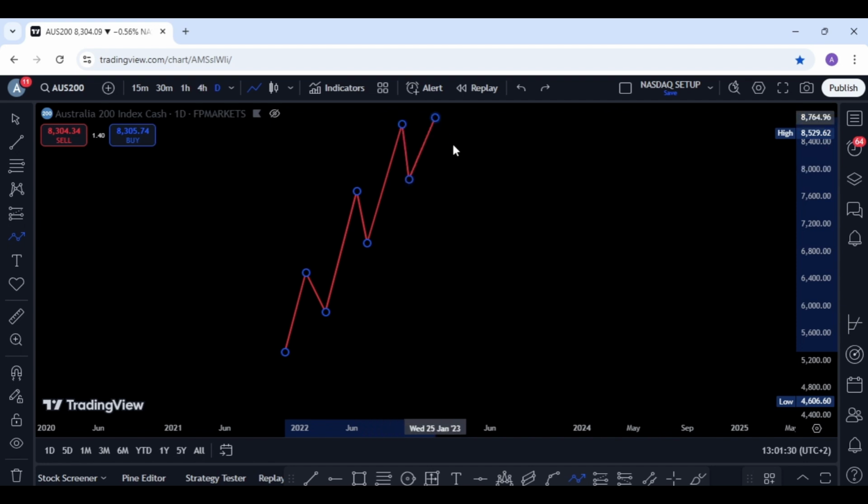So now this shows us, when you're looking at your charts, that prices are bullish, because here's a higher high, here's a higher low, here's another higher high, higher low, higher high, and higher low.